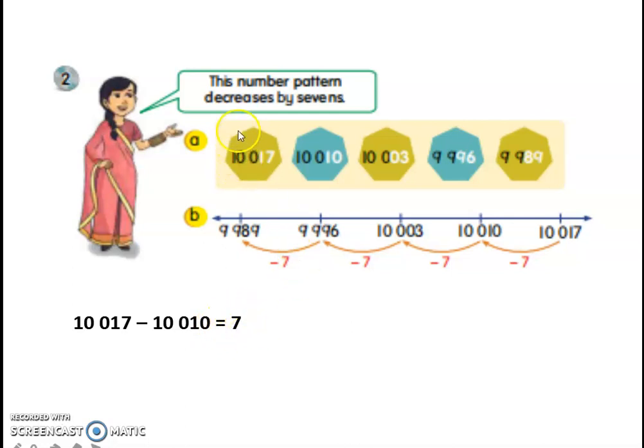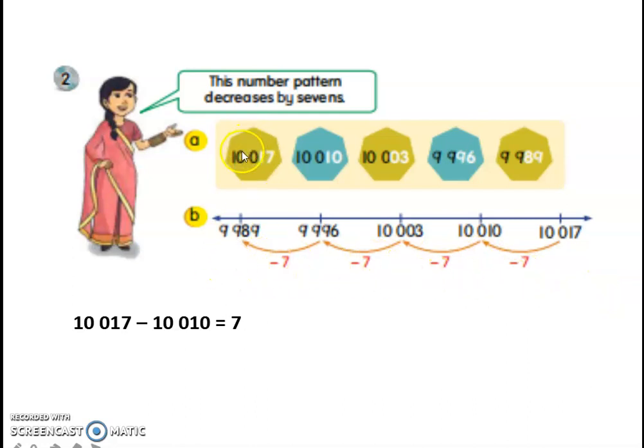As we know that it is decreasing, so it must be minus 7. If you look at the number line, it is going backward. Going backward means you minus 7, minus 7, minus 7, and minus 7. It's all the same.